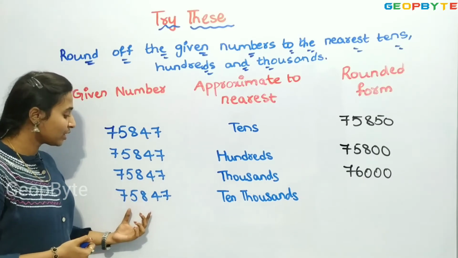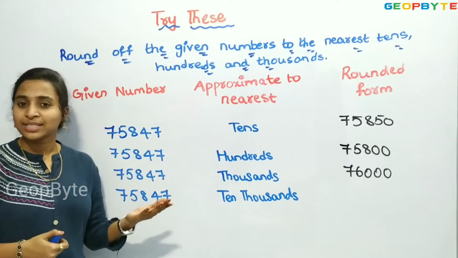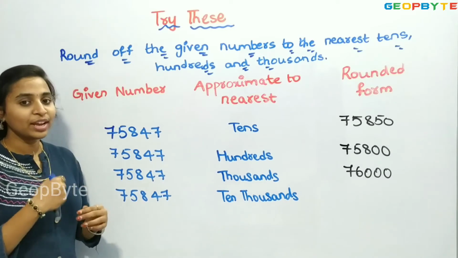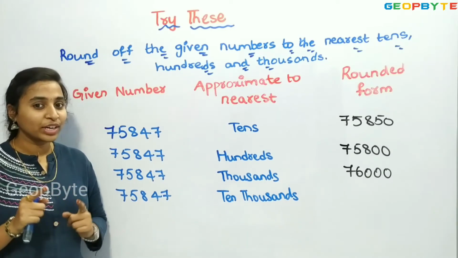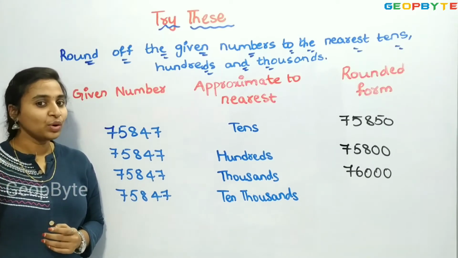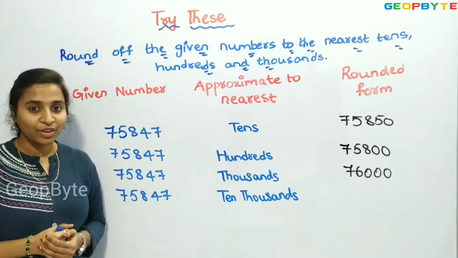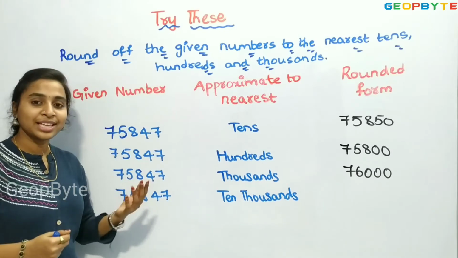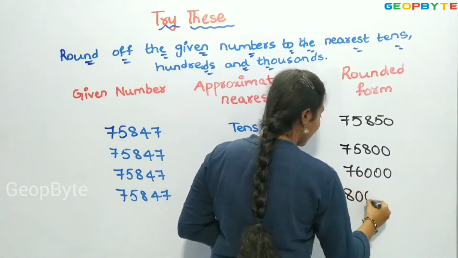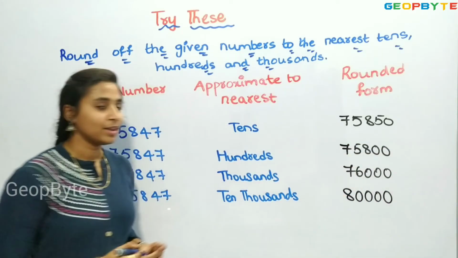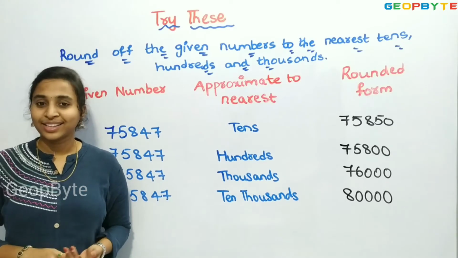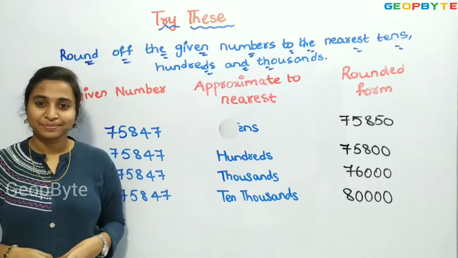This number is more than 5,000, so it will be rounded off to 80,000. If it is above 5,000, it will be rounded off to 80,000. If it is below 5,000, it will be rounded off to 70,000. So the condition is that we need to consider above or below and then proceed as per the conditions.